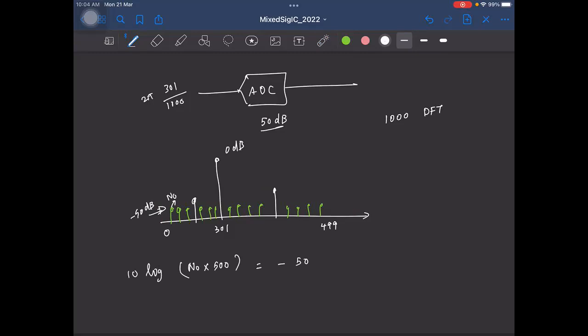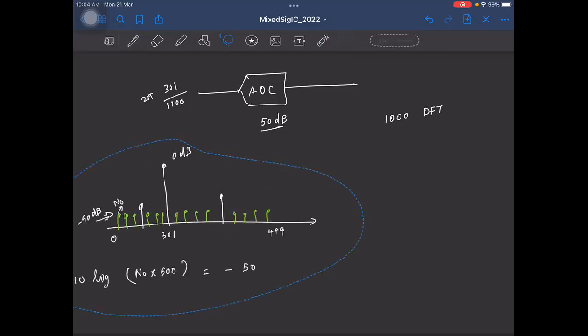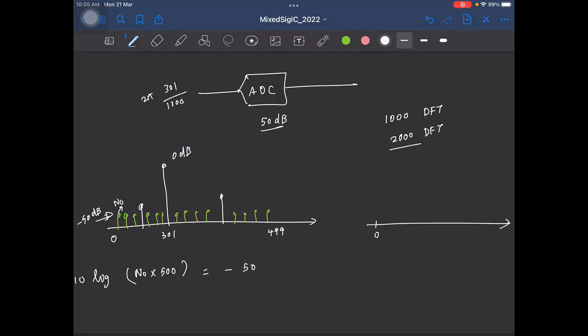In the next part, you were asked to redraw the same spectrum when you take a 2000-point DFT. Now in the single-sided spectrum, you have a total of 1000 bins. So again, the signal portions will change, it will become bin 602, whatever. That's fine. What will happen to the noise now?